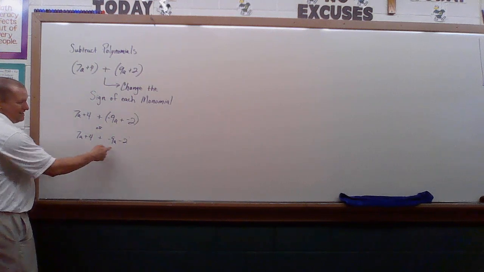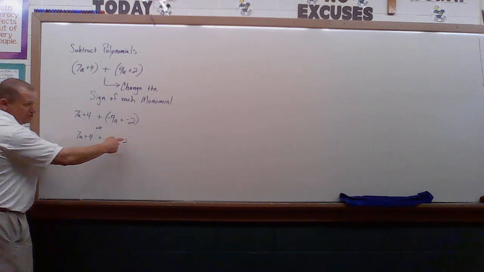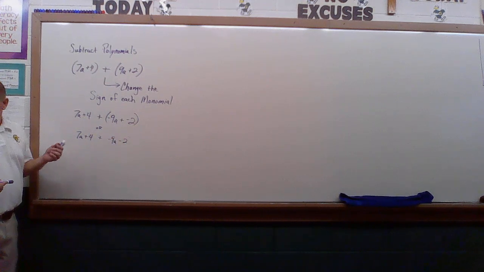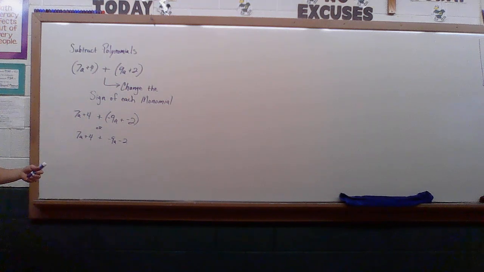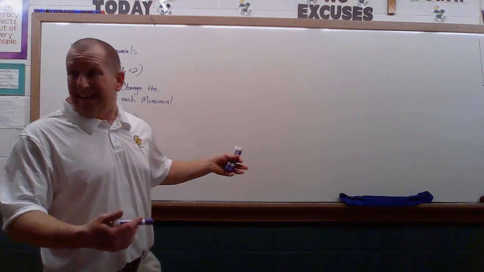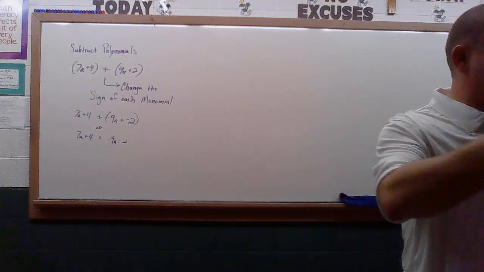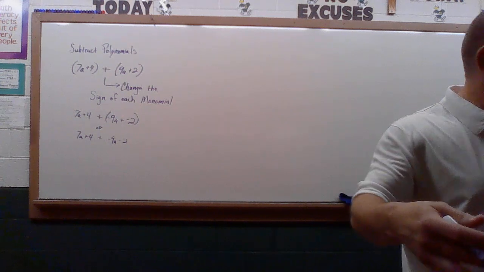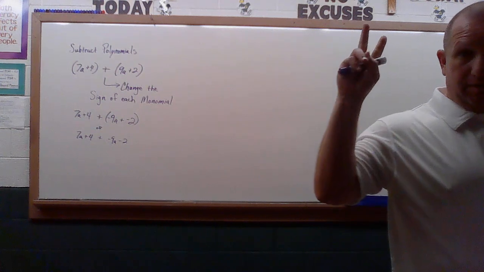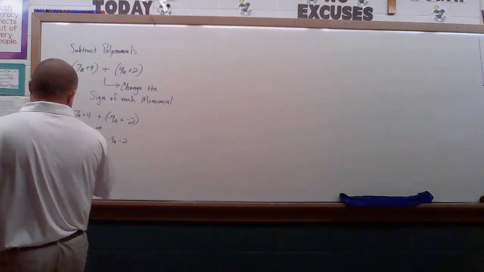We can regroup the a's together, we can put them on top of each other and do it vertically, or we can just go through it and try to add and subtract like terms. So realistically, we're still back to what we were doing yesterday, adding and subtracting like terms, right? If the signs are the same, we add and use that sign. If the signs are different, we subtract and use the sign from the bigger one. Okay? So, how do you want to do it?